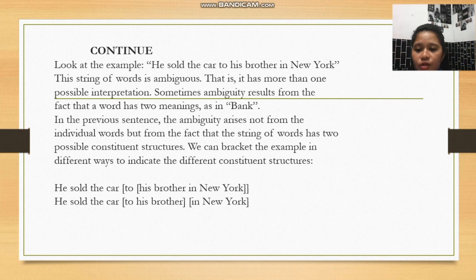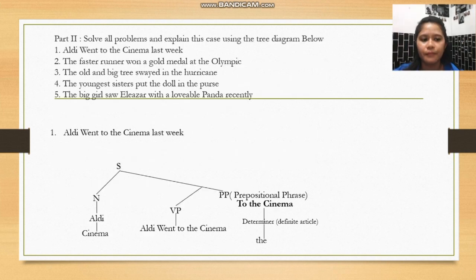In the previous sentence, the ambiguity arises not from the individual words but from the fact that the string of words has two possible constituent structures. We can bracket the example in different ways to indicate the different constituent structures. He showed the car to his brother in New York.